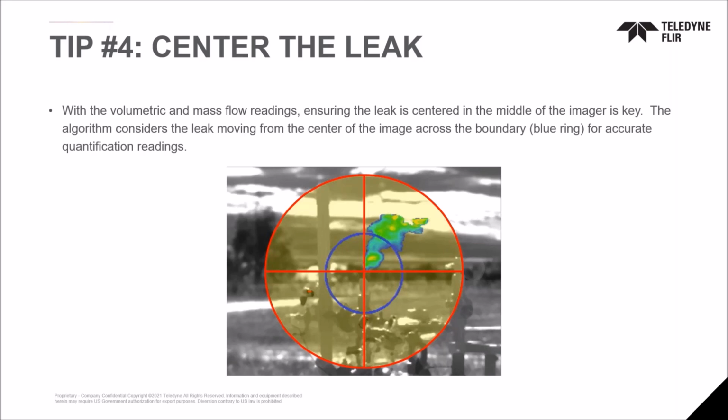When you're using this for mass or volumetric readings, do what you can to make sure that the point release, where the leak is coming out, is in the center of your screen. That way you have the most area traveled from the point release to the circle and get as much information inside of the quantification algorithm as you can.